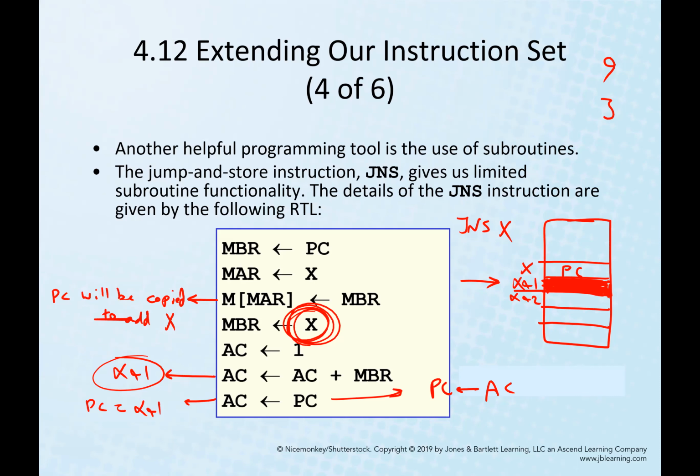So the interrupt program has to start from address X plus 1, not address X, because address X is reserved for the return address. Clear? Then the last instruction of the interrupt will be to go back to X.